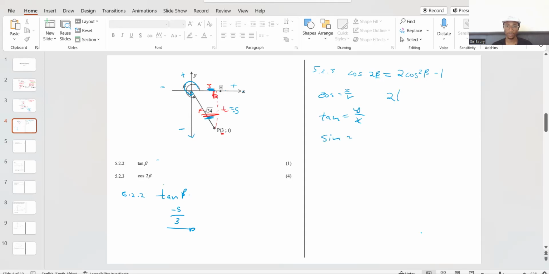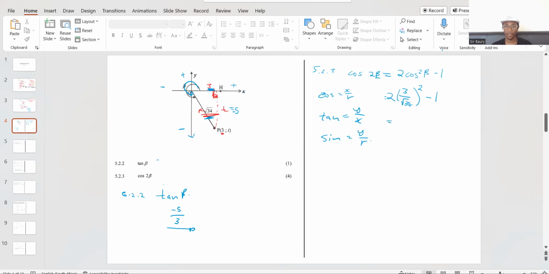Sine is equal to y over r. These are just simple revision. So the value of x is 3. The value of r is the root of 34.